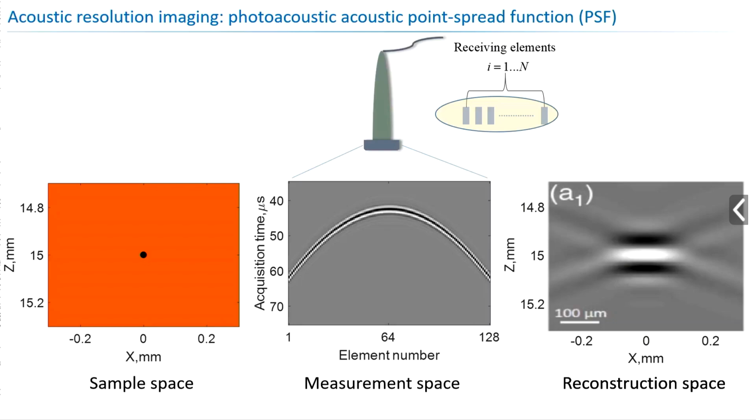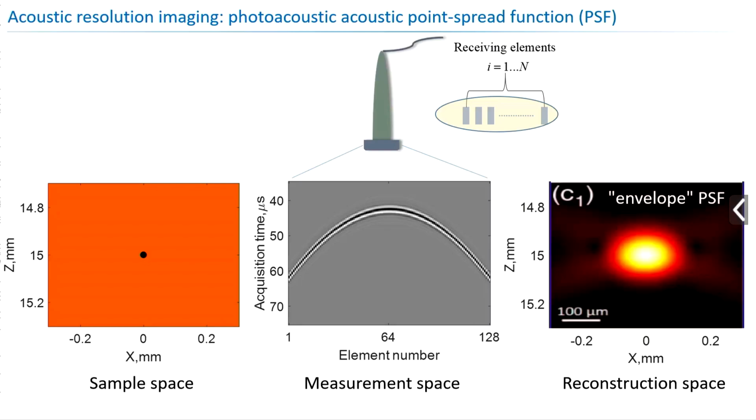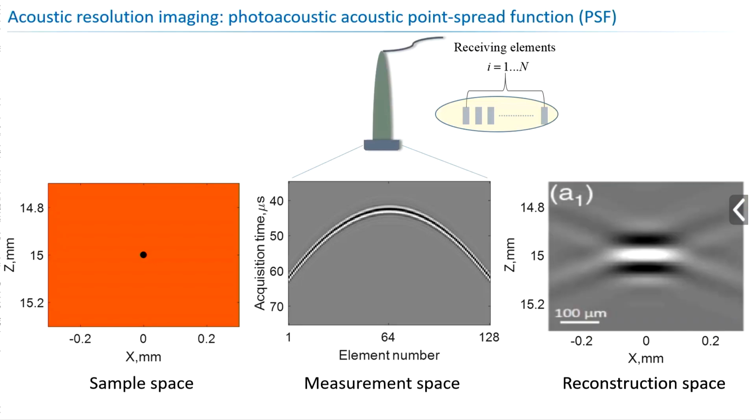But keep in mind that the PSF, if you take the envelope of it, if you demodulate, is close to a PSF in optics, except that here we're in the XZ plane. So the natural cross-sectional plane in ultrasound is the XZ, whereas in optical microscopy it's XY, and the Z you usually get by having a scan.